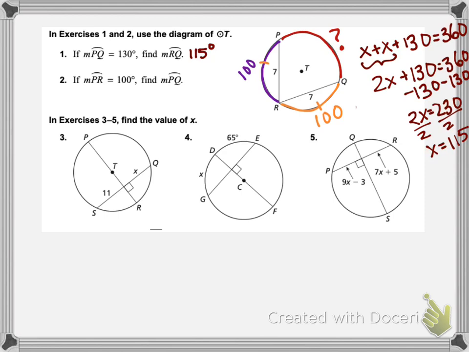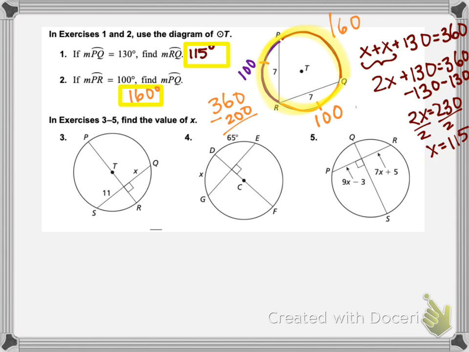You can do the same thing: add 100 plus 100 plus x, and it equals 360. Or you can subtract 100 and 100. 100 plus 100 is 200. Subtract from 360, it is 160 degrees. Because if I added 100 plus 100 plus 160, that would make 360 total degrees.